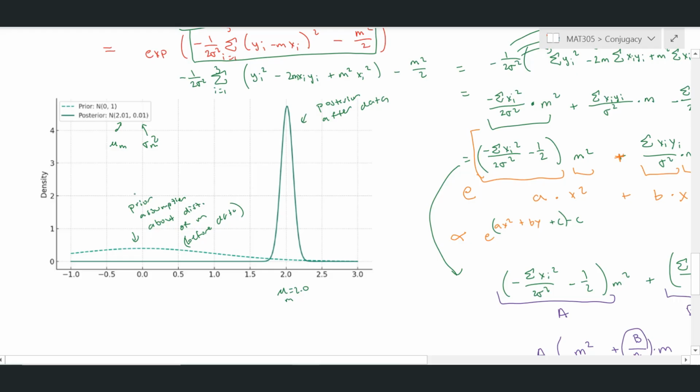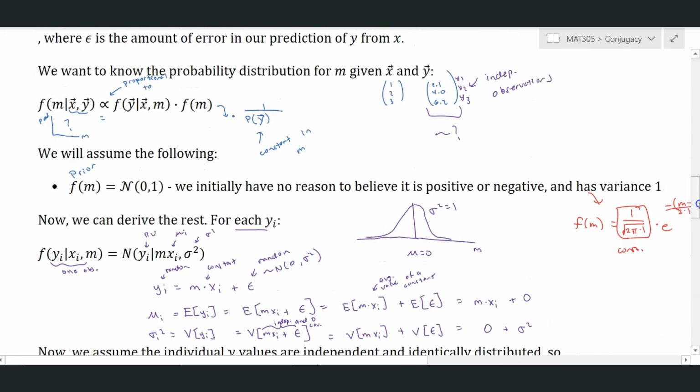So remember what we said earlier, that the slope should be around 2? It made sense, it was pretty close, but it had some errors. Well, this is reinforcing that. It's saying that our mean should in fact be 2, but that, depending on the data set that you get, there could be a bit of variability in what the true value of the slope should be.